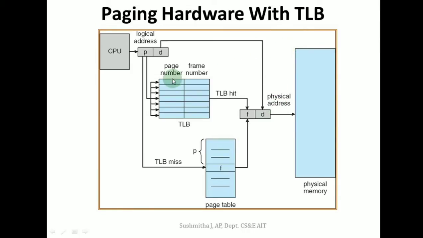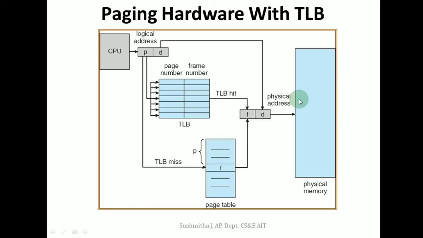Now what is the problem that we mentioned previously? If there was no TLB, a logical address was generated, and I would make my first main memory access to the page table and then a second access to the actual frame or physical address.